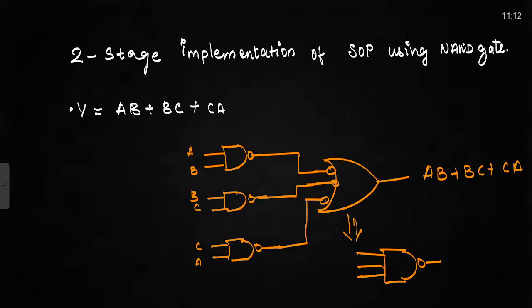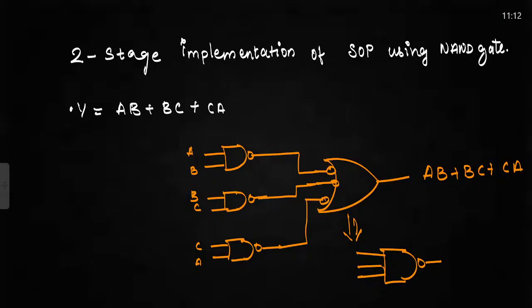Now let us understand why this is important. So initially we will have AND gates here. If you are using basic gates, then you can use AND gates in place of NAND. And here an OR gate, right?